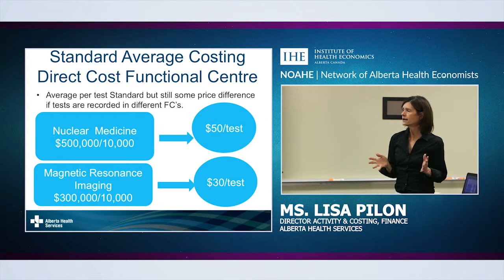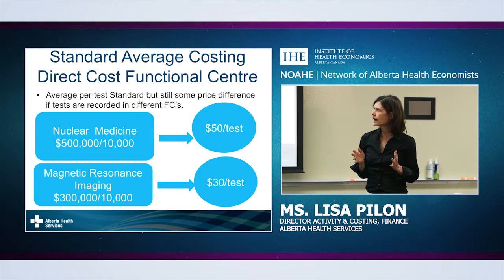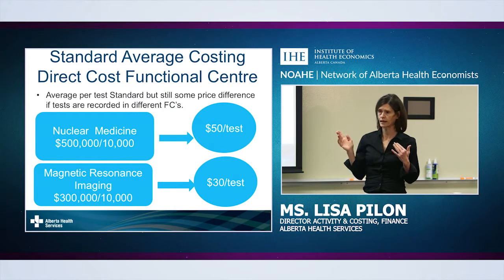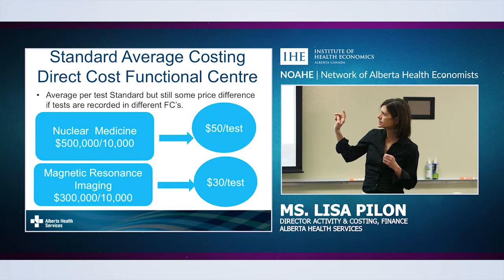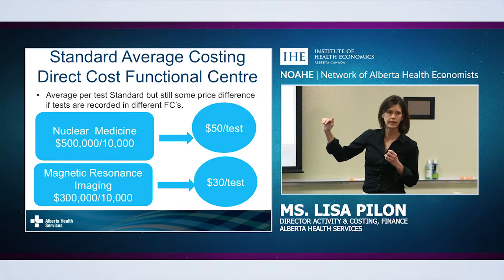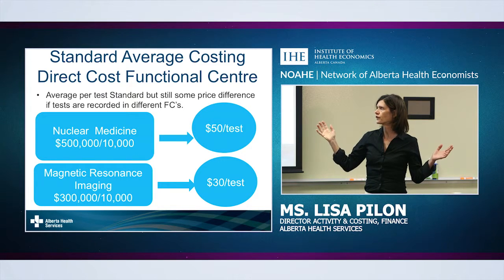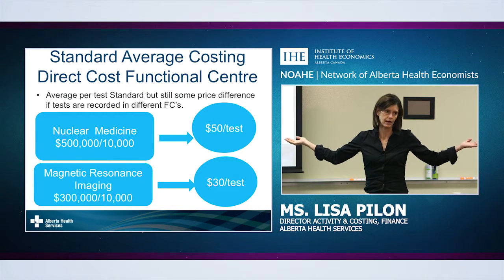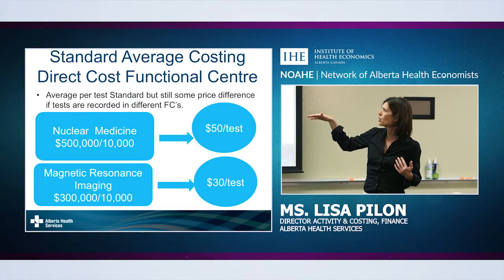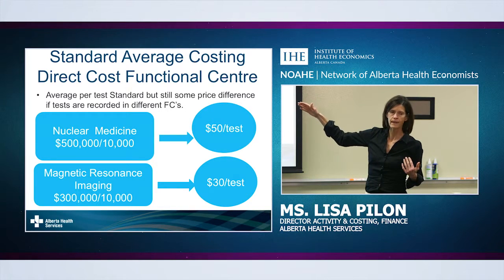Now, having said that, it doesn't have to be as high level as you would see in terms of the example one. So for example here, this is still standard average costing, but in some cases, whether it's a functional center at AHS or any account code, you might have more than just one account code for MRIs. That's a pretty big account code. You might actually have an account code that has nuclear medicine in one of them and magnetic resonance imaging in another.